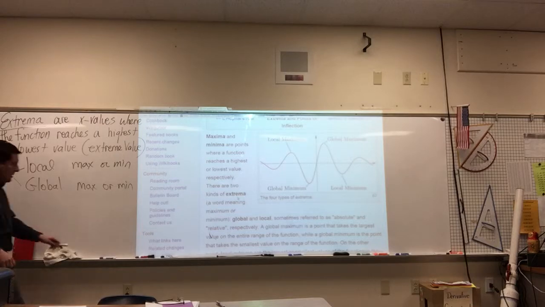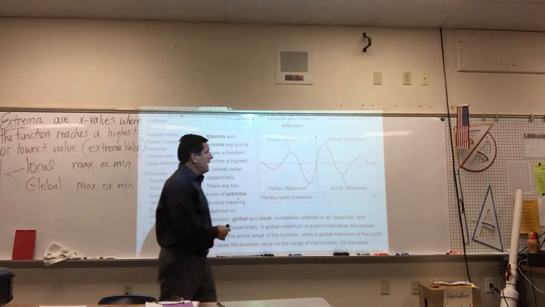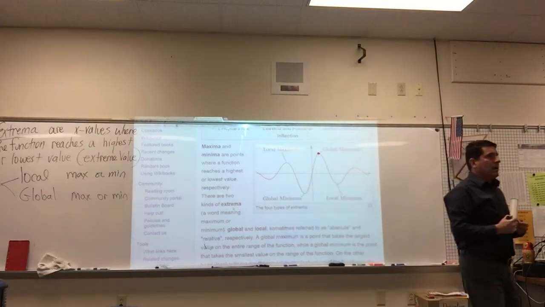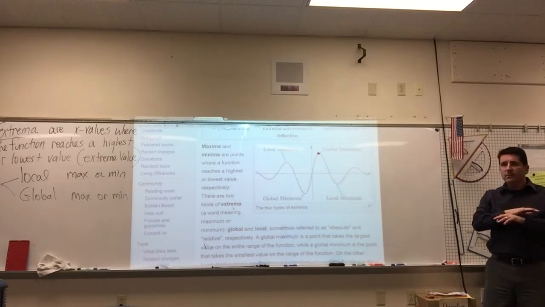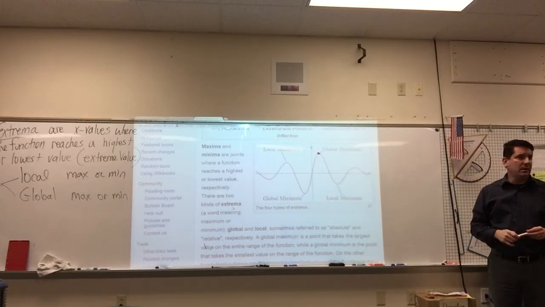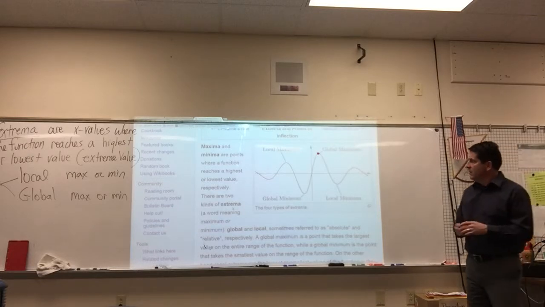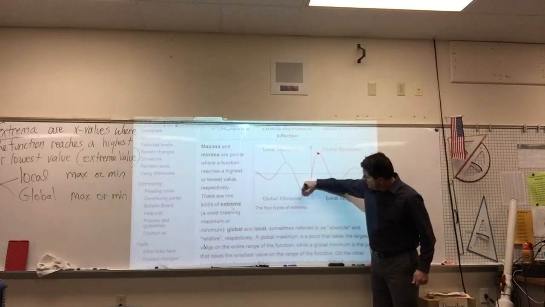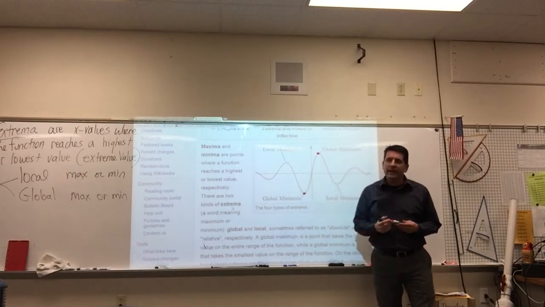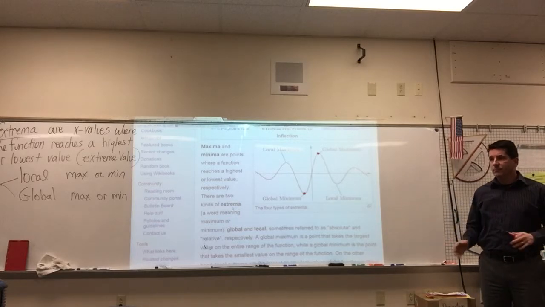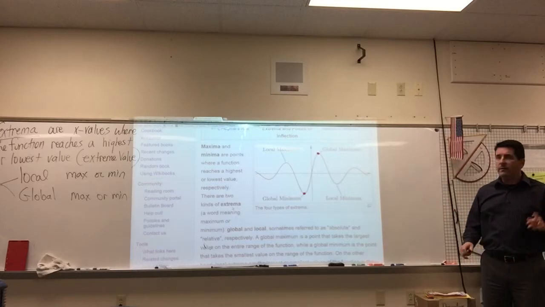On an interval, a global max is the highest value on the function throughout the entire interval. It's the highest peak. It's the global max. The global min is the lowest value on the function across the entire interval. Globals are the extreme high and low of the function.